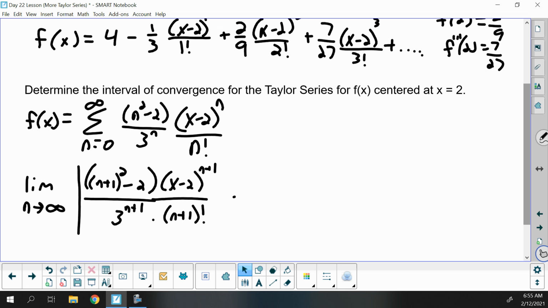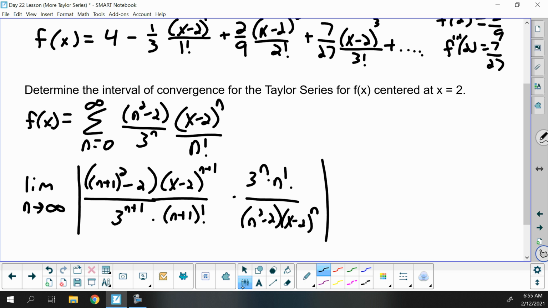Times the current term, or divided by the current term, so we'll do keep, change, flip. So on top now we'll have 3 to the n times n factorial. And on bottom we'll have (n squared minus 2) times (x minus 2) to the n. So that will equal limit as n approaches infinity of the absolute value of, well, for our 3's, we'll have 1 extra 3 in the denominator.